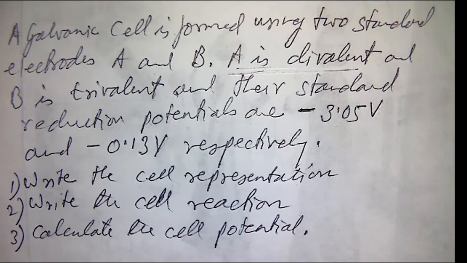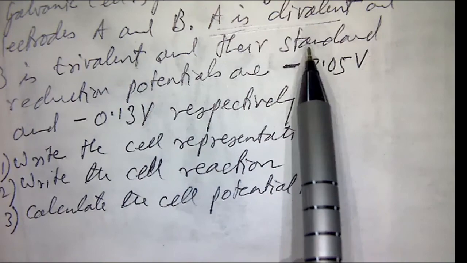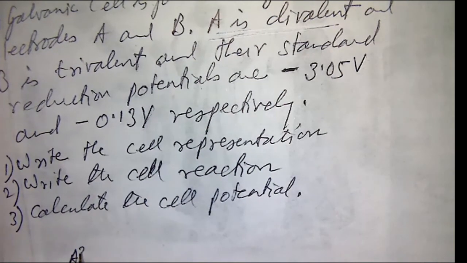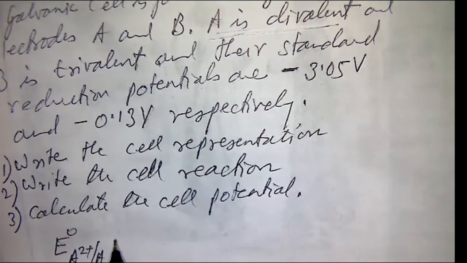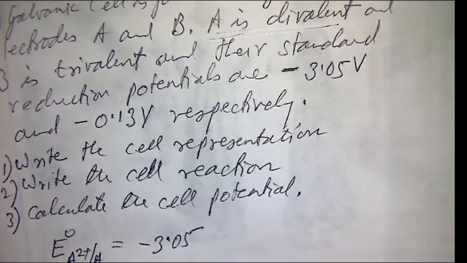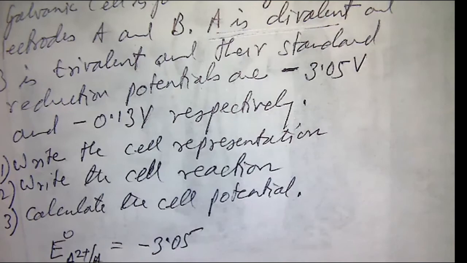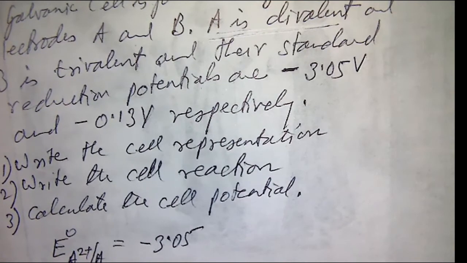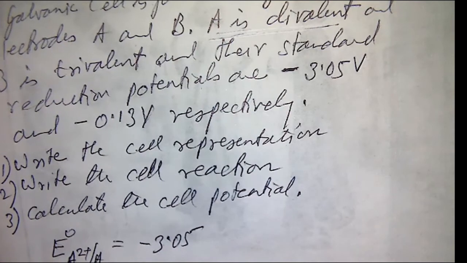I'll just write down here. Look here. If A is divalent, I can write A2 plus becomes A. So E naught is minus 3.05. And B is trivalent, so B3 plus becomes B, which is minus 0.13.